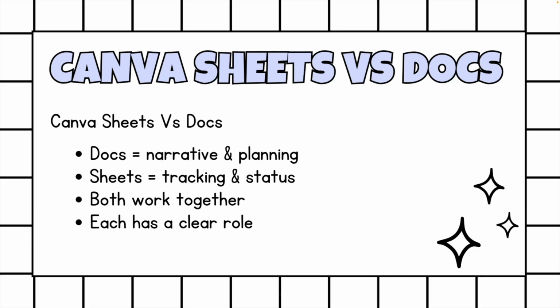So Docs provide the broad strokes while Sheets handle the finer details. So remember, they're not different, right? It's not about choosing one over the other. It's ultimately about understanding that each feature plays a unique role in the larger system of event planning, right? So consider them as partners in your planning toolkit, right?